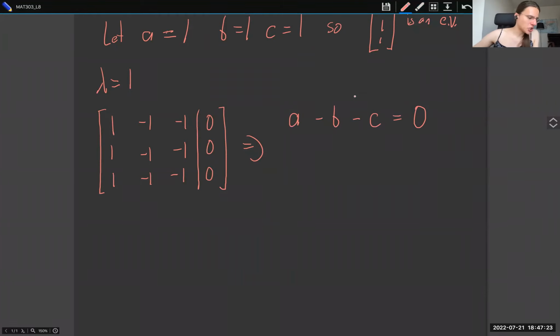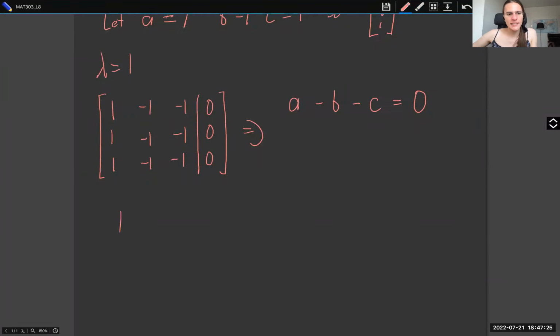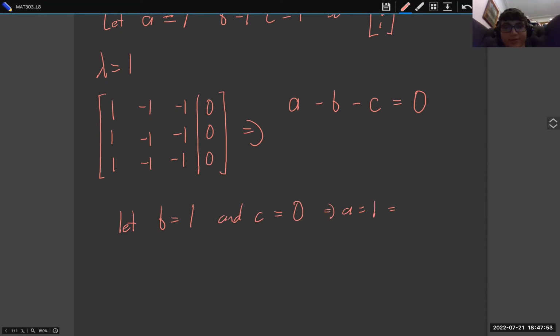So there's going to be a 2-dimensional space of solutions to this system. And basically, we can let b and c be whatever we want, and then we get what a is. So let b equal 1 and c equal 0. Then what does a equal? One. Yeah, so we get 1, 1, 0.